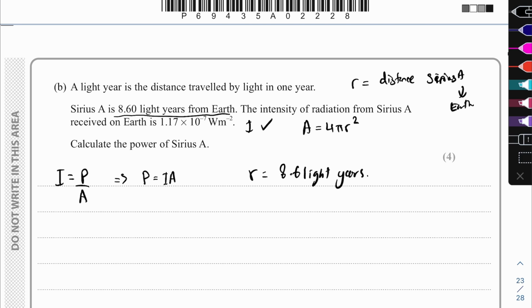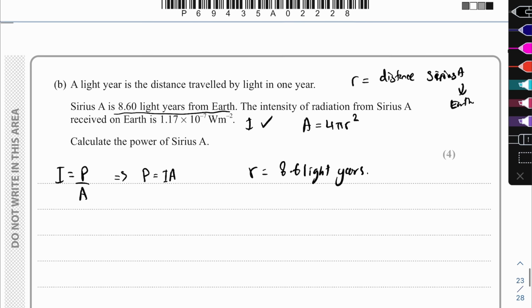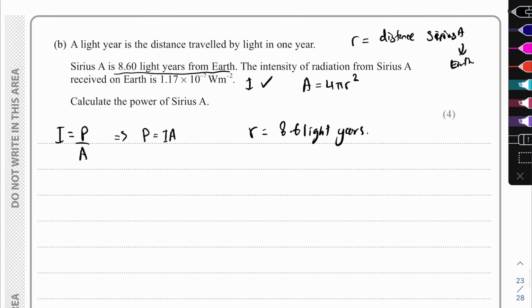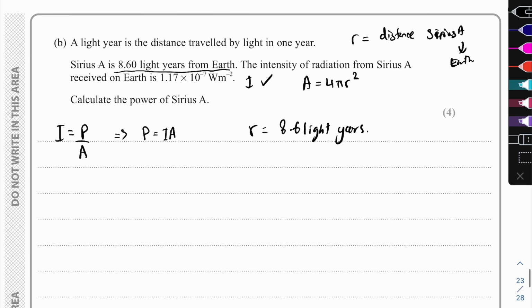Whoa, light years. So what should we do with this? To find distance, we know v equals s over t, so s equals vt. And since we're in space, in a vacuum, s equals c times t.